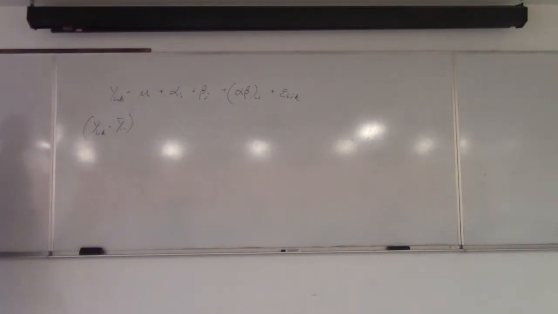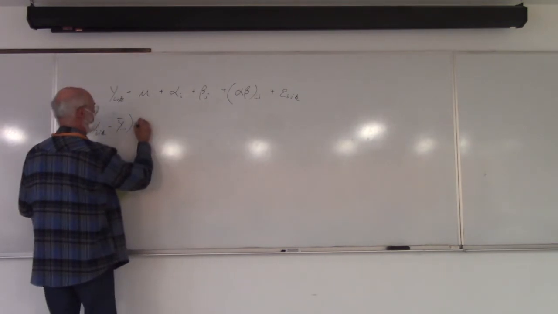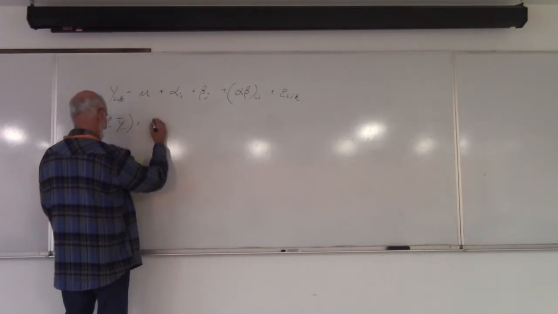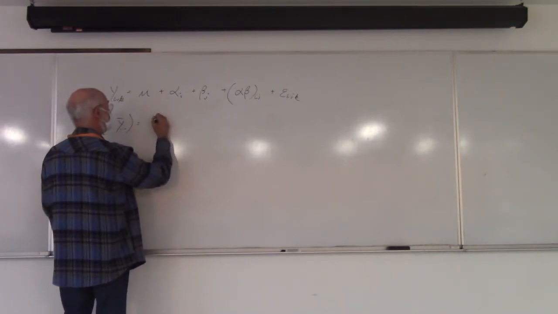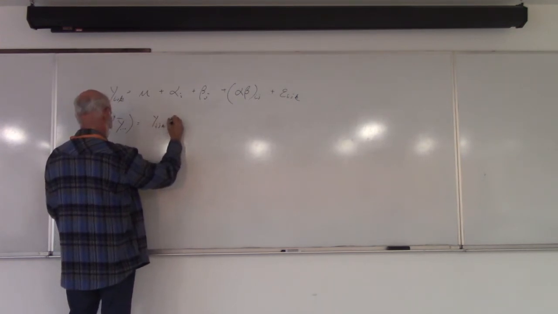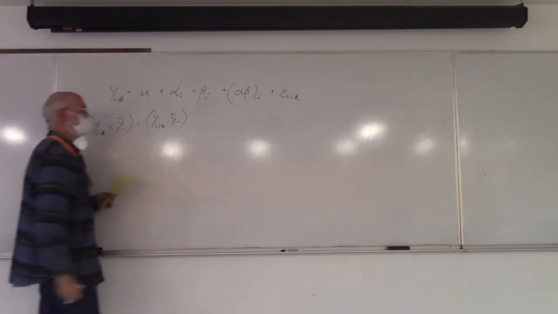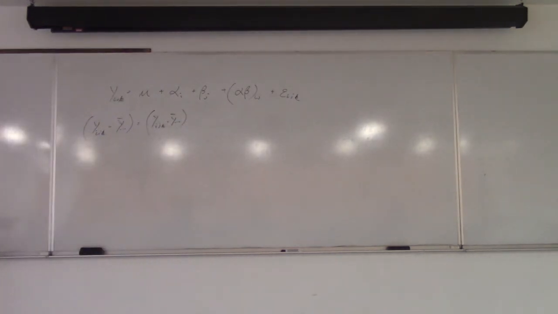Added up across all i, j, and k and squared, just like we've done every other time. What's our best estimate of alpha? Our best estimate of alpha is going to be y_ijk minus y bar dot dot dot, and then sum it up across all i, j, and k and squared, right?